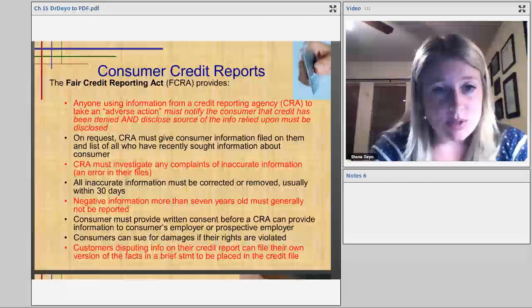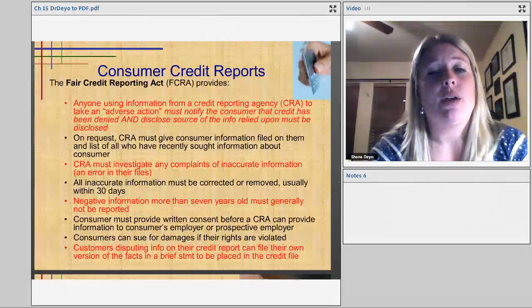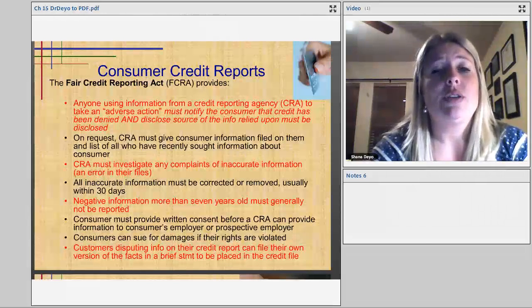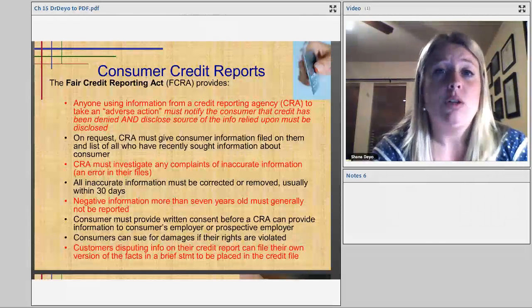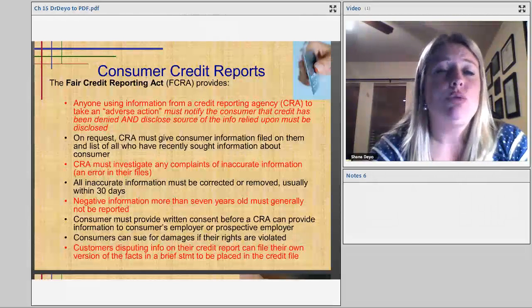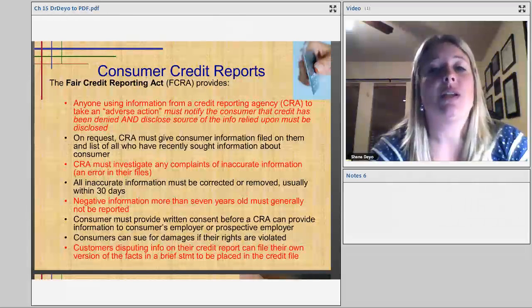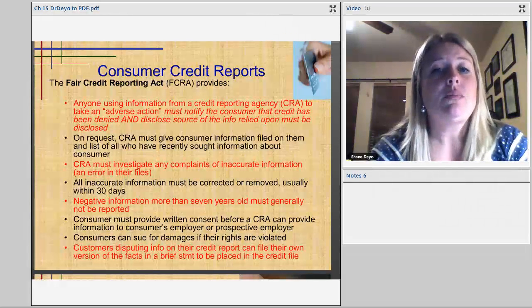So when there is an adverse action, they choose not to give you credit, they must notify the consumer that the credit has been denied and disclose the source of the information relied upon.